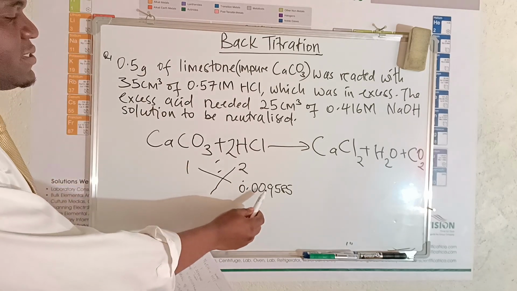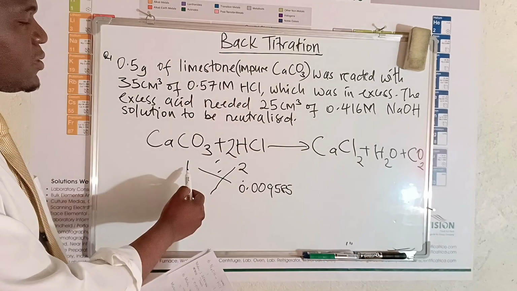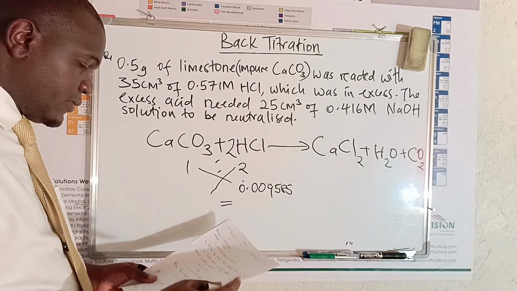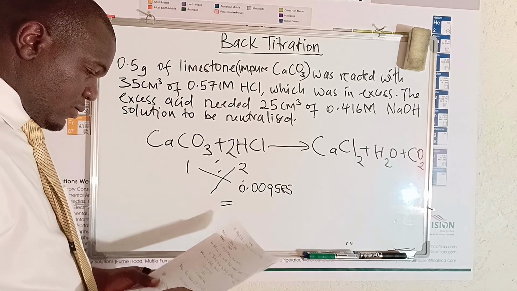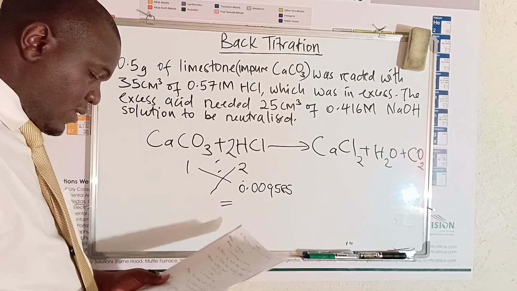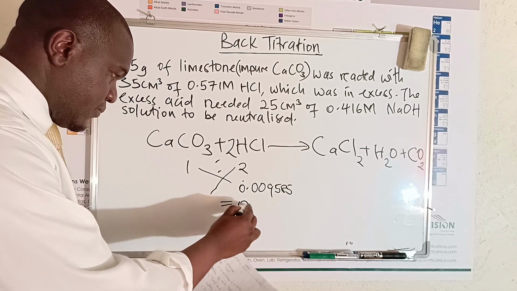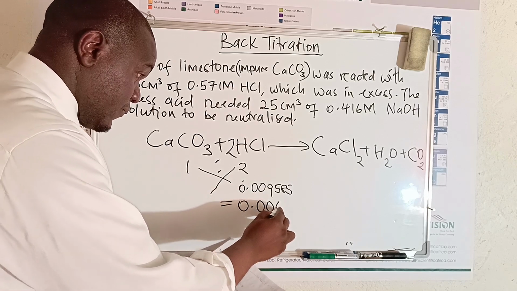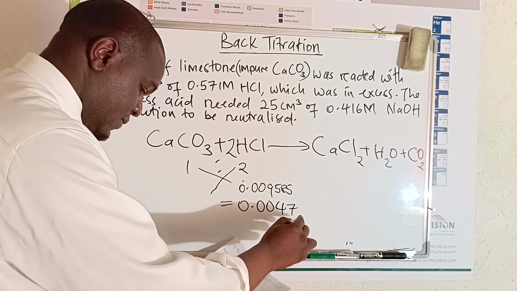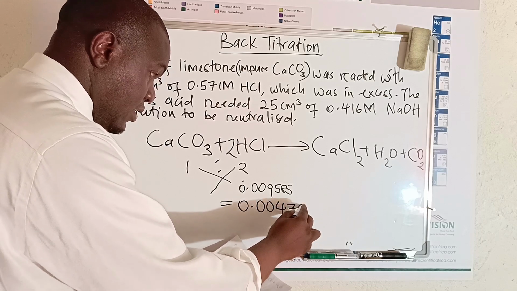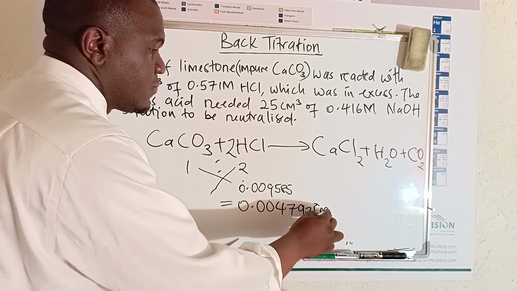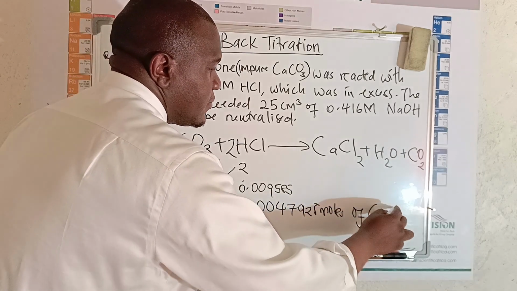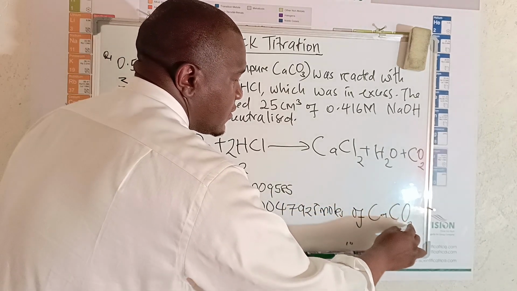So that implies these moles multiplied by 1 divided by 2, which will give us 0.0047925 moles of calcium carbonate.